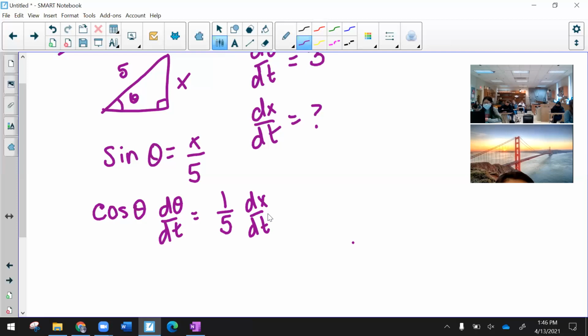All right, so now comes the tricky part, because now I want to know what dx/dt is. So I can substitute some things in, like I know that dθ/dt is 3.